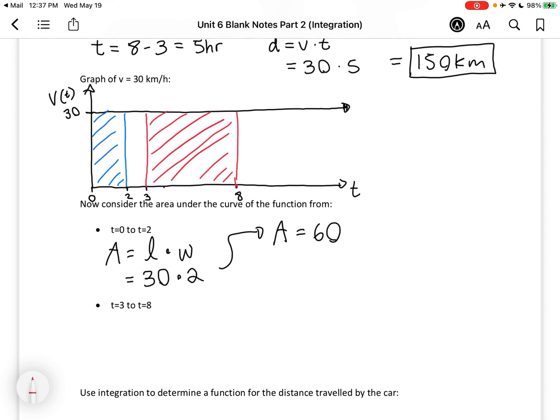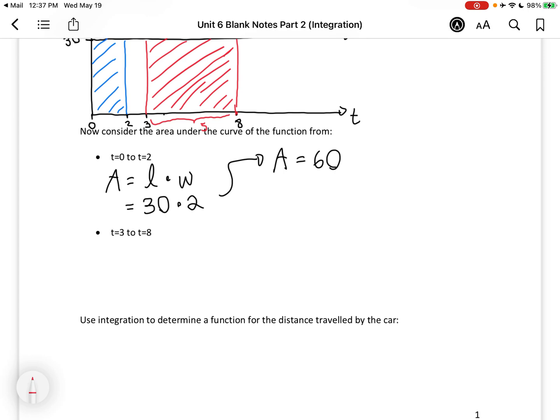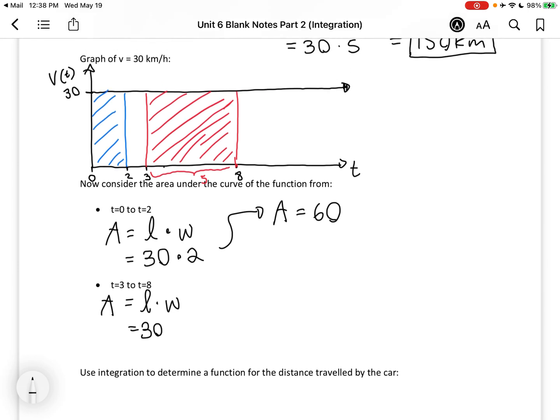And this width over here is 5, because 8 minus 3 is 5. So here the area is going to be length times width again, because that's a rectangle. The length is 30, because it's the height, which is the velocity. So 30, and then the width is 5. And that gives us an area of 150.